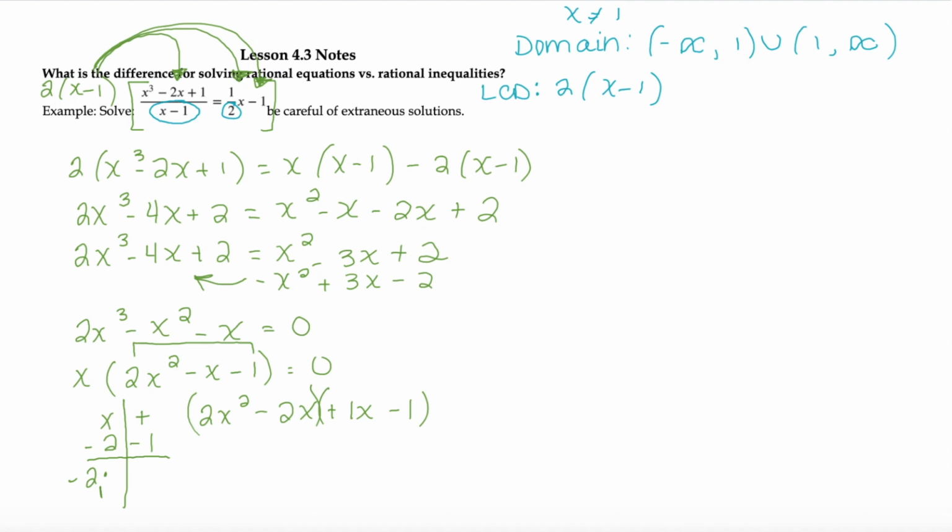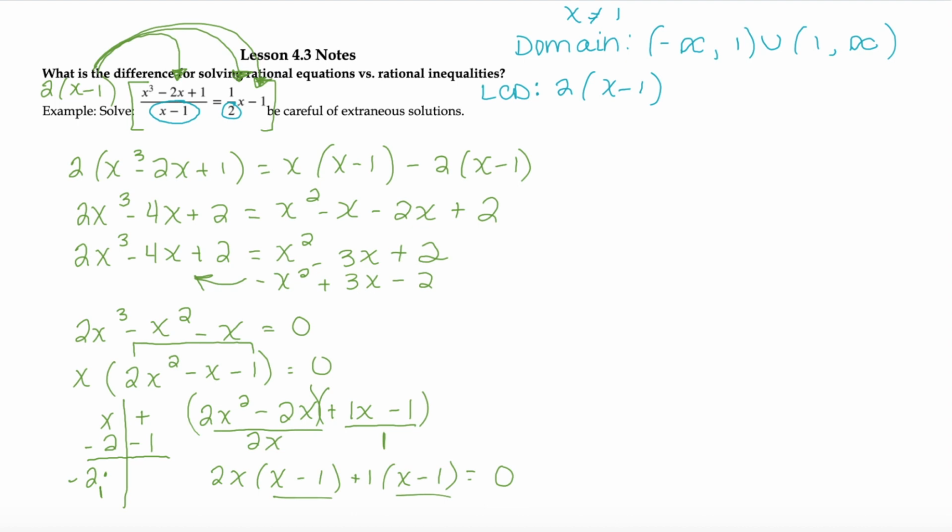My first two terms are divisible by 2x. So when we divide by 2x, we are left with x minus 1. I'm going to divide my second set by positive 1 so that it remains the same. Ultimately, our goal is to make sure that we have a common binomial that we can factor out.